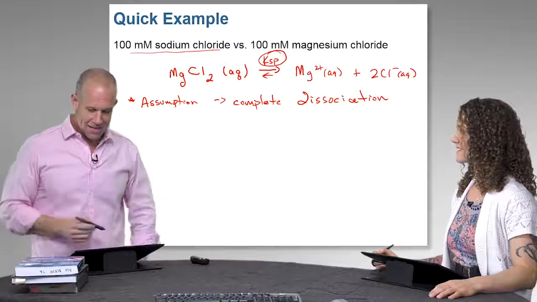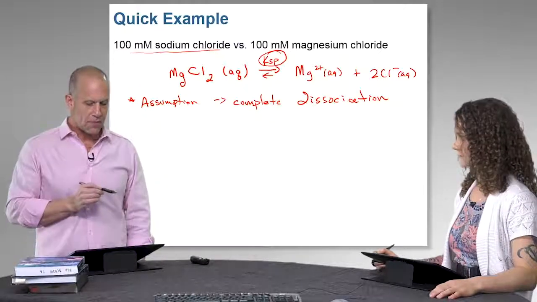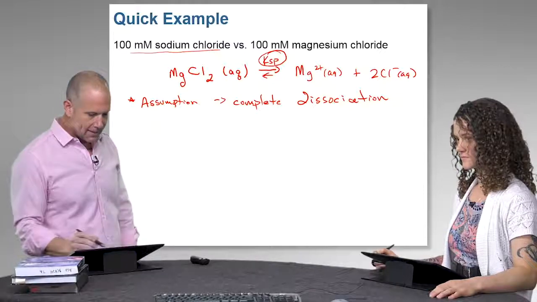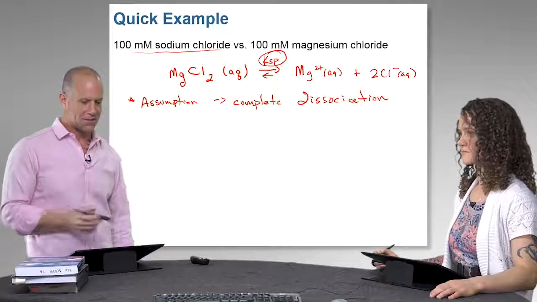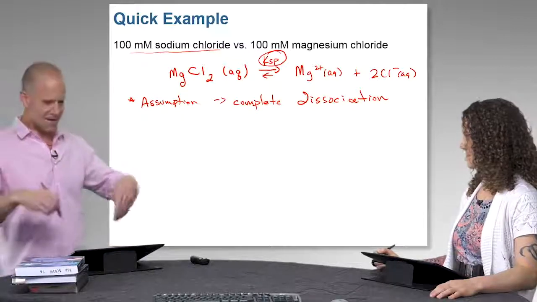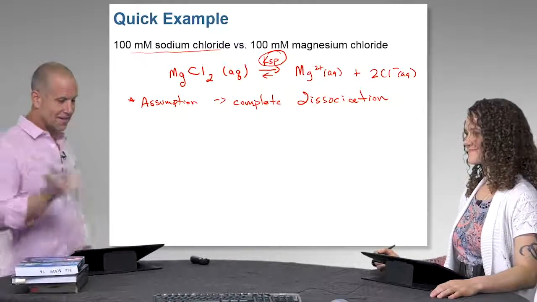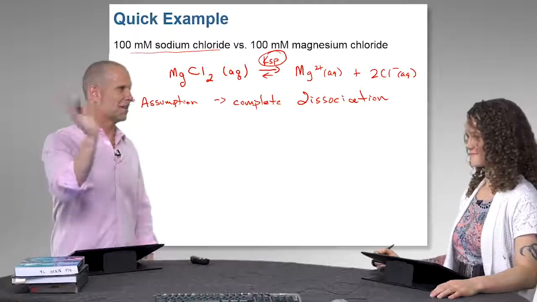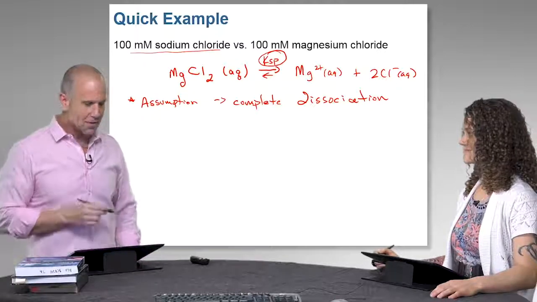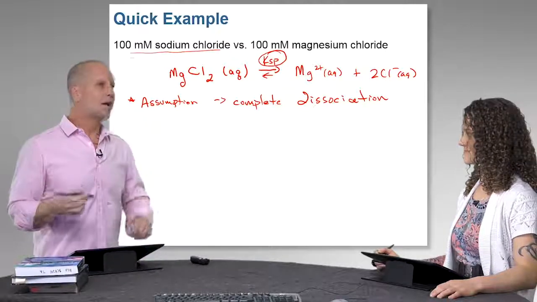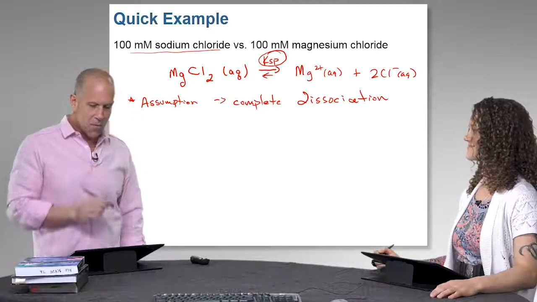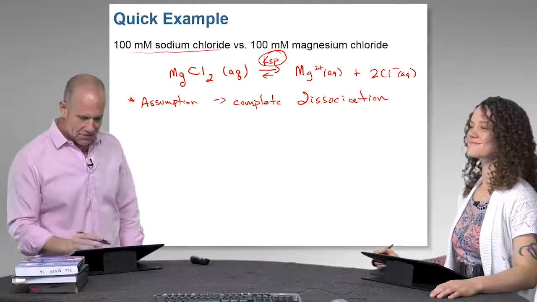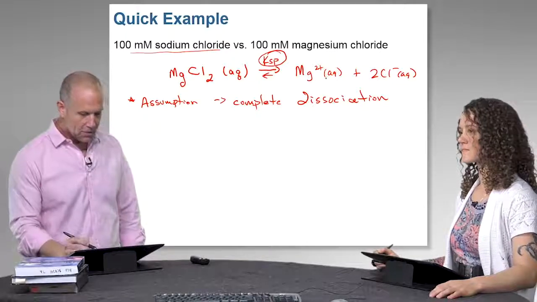But I think you brought up a really good point, and that's why it's worth looking at this. In words, they look so much the same, right? Sodium chloride, magnesium chloride. Oh, we already know sodium chloride's ionic strength is exactly its concentration, 100 millimolar. So, like you said, your first thought is, wow, I kind of expect the same for magnesium chloride. And there's even more than one reason that it differs. Like you said, for two that we're looking at once.